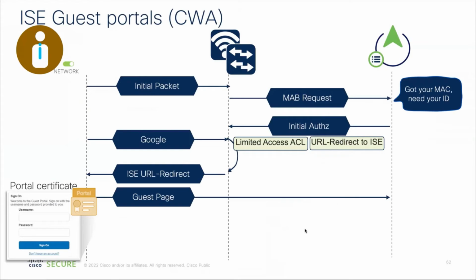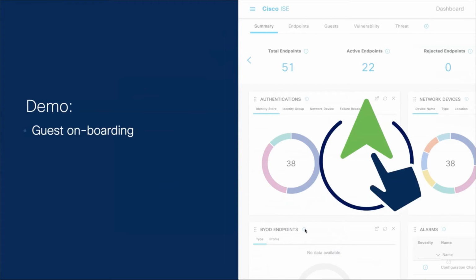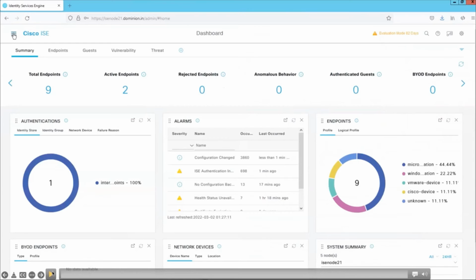Even if you're making use of your corporate CA for the portal certificate purposes, the corporate CA might not be found in your guest user devices. So it's better to use a well-known CA especially for the guest portal purposes. Now, once the guest credentials are given, it's going to raise the CoA to give the guest access to the user. So let's dive into the details of it by going through the demo.